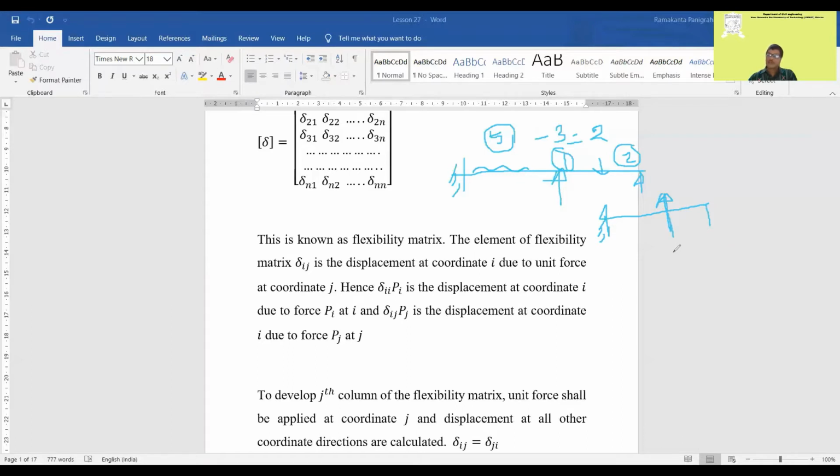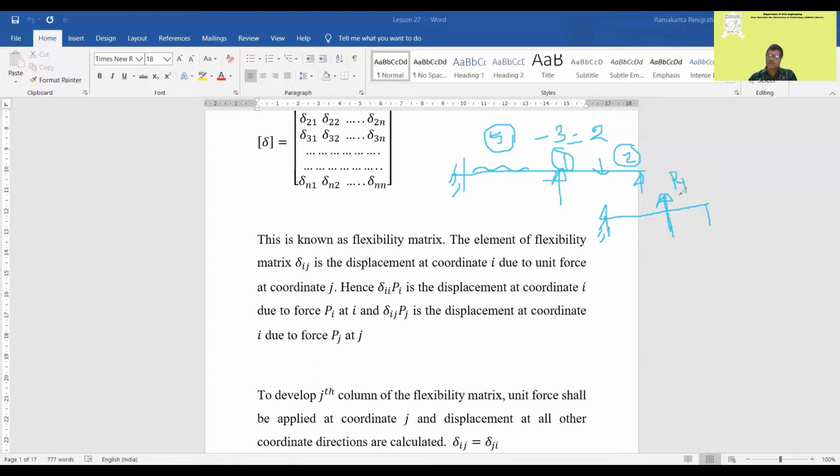In the stiffness method, what are we doing? We are applying the displacement here and finding the forces at coordinate 1. Here it is the reverse. You apply the force in the direction of the coordinates of the redundant force that we have taken, let it be R1.